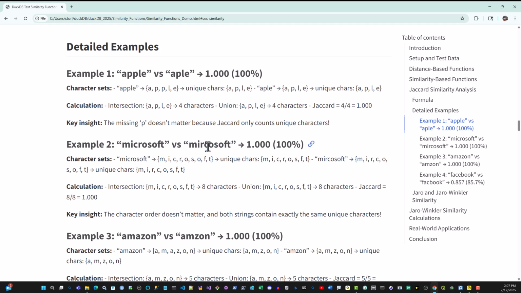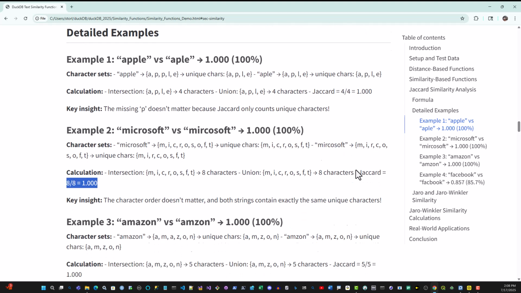The only difference is that the C is after the R here, and here the C is before the R. But it's still the same characters. So the union becomes the same as the intersection: 8 characters for the intersection, 8 characters for the union. Therefore, the Jaccard calculation becomes 8 over 8, which is 1. And of course, you can do the same thing with Amazon here.